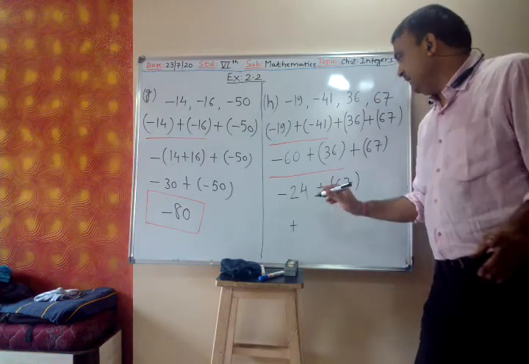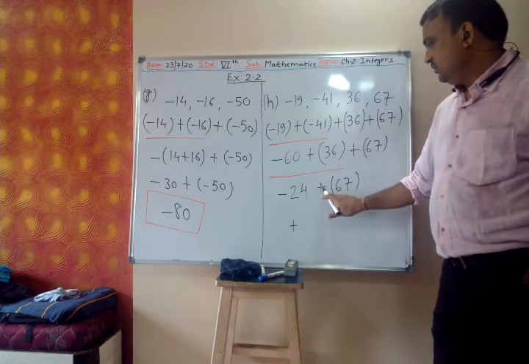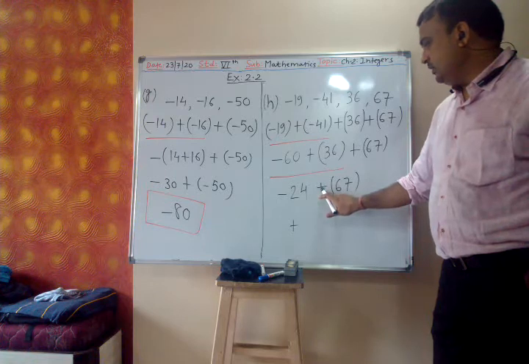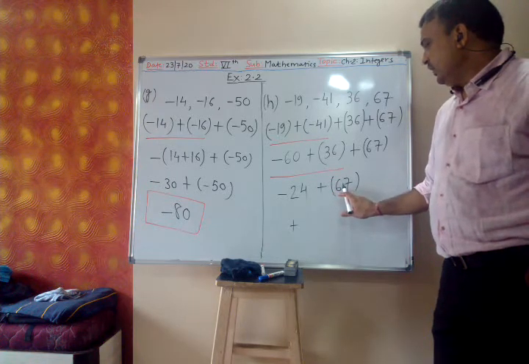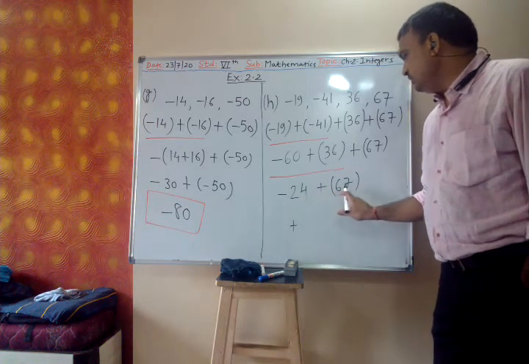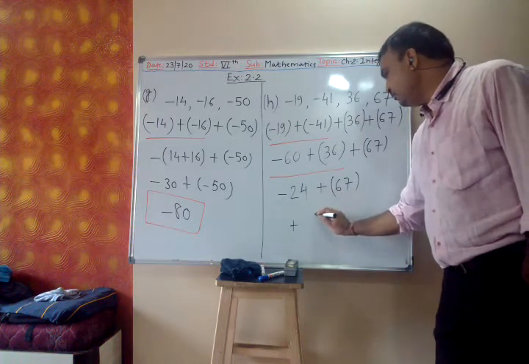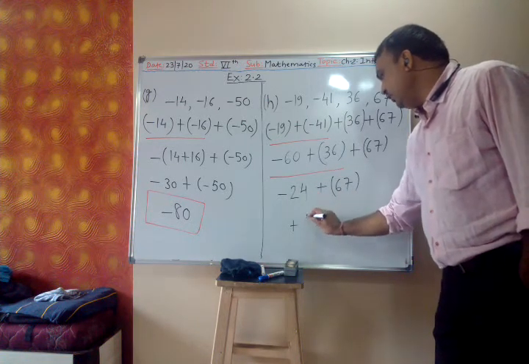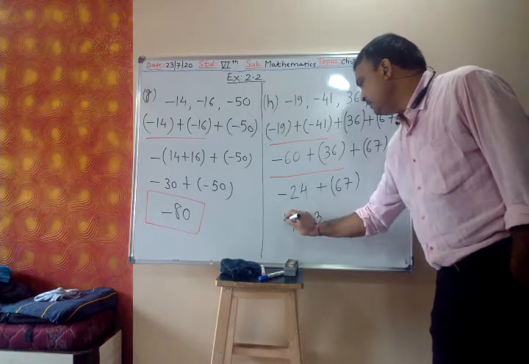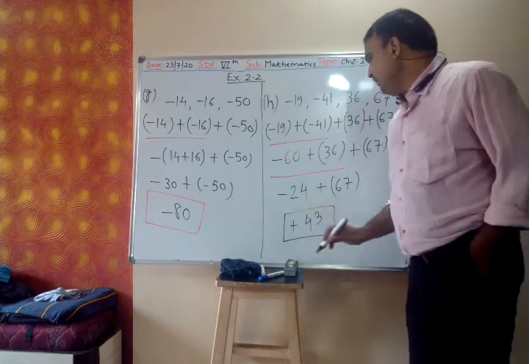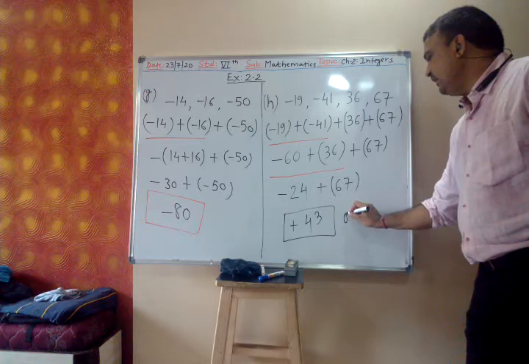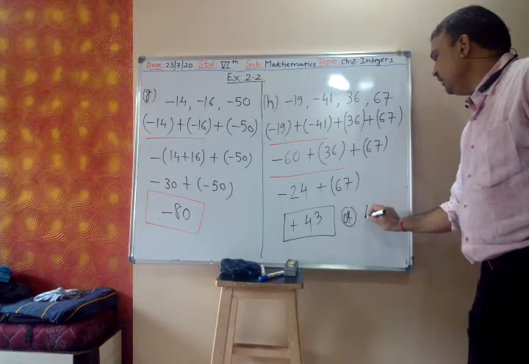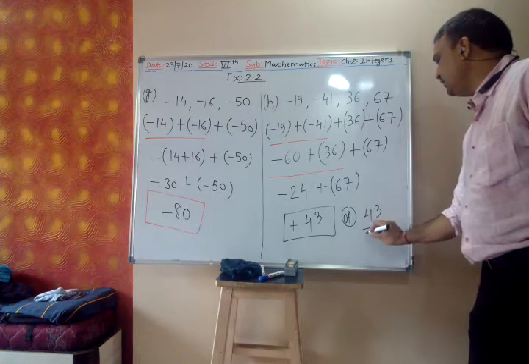Plus, not minus, plus. Plus will come because 67 is bigger. 67 minus 24, 7 minus 4 is 3, and 6 minus 2 is 4, so 43. So we write plus 43. You write plus 43 or 43, both are correct.